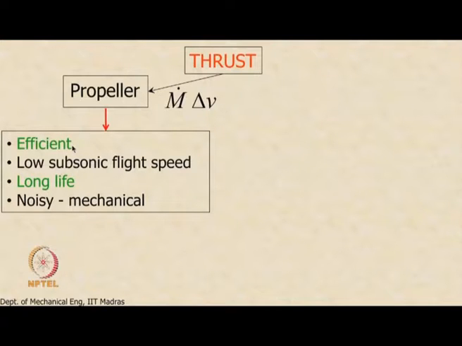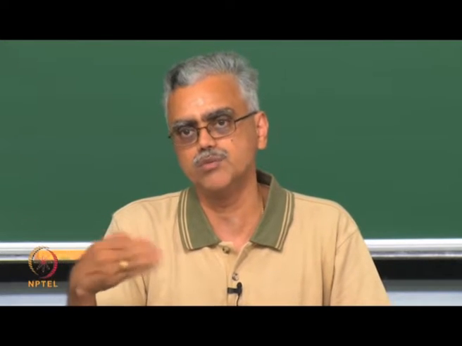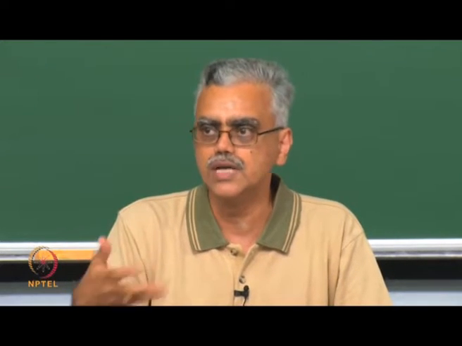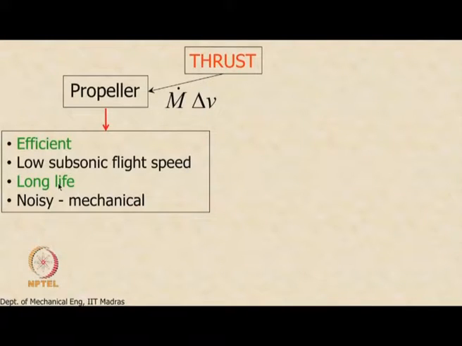We saw that the propulsive efficiency of a propeller can be very high. It also has a long life, mainly because it does not deal with hot air. The propeller itself is not exposed to high temperature or high pressure. That is a big advantage. So consequently it has a much longer life, but it is very noisy mechanically.